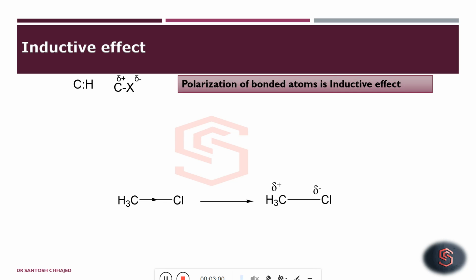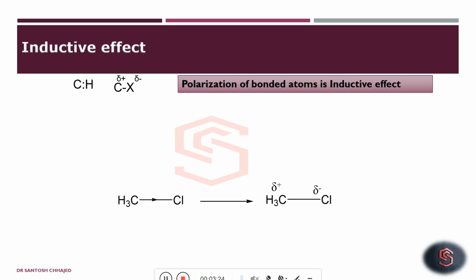Formation of positive or negative poles or charge is called polarization. If we think carefully about why this polarization occurs, the reason is the difference in electronegativity. Halogens being electronegative pull electrons and polarization occurs.